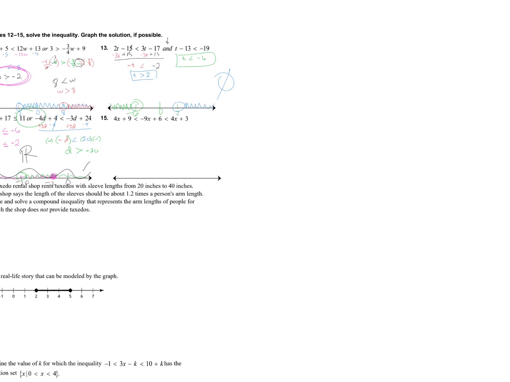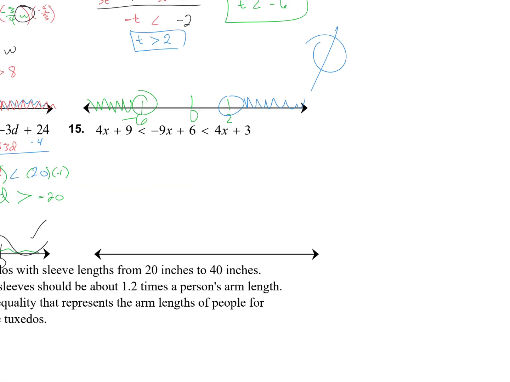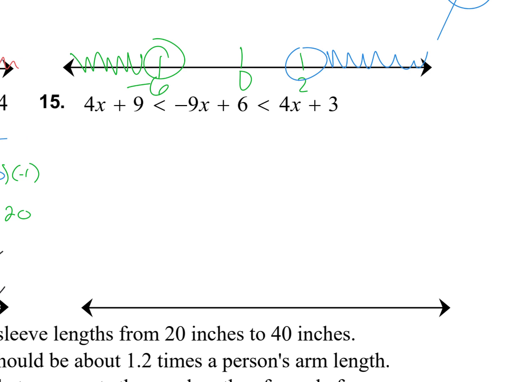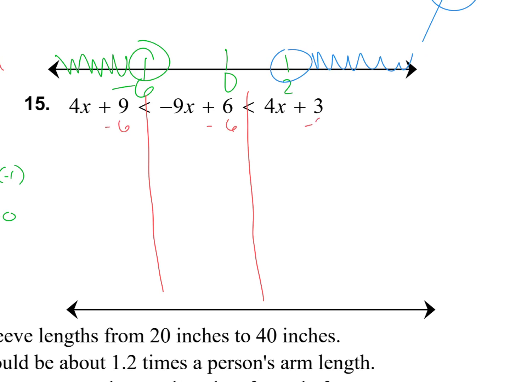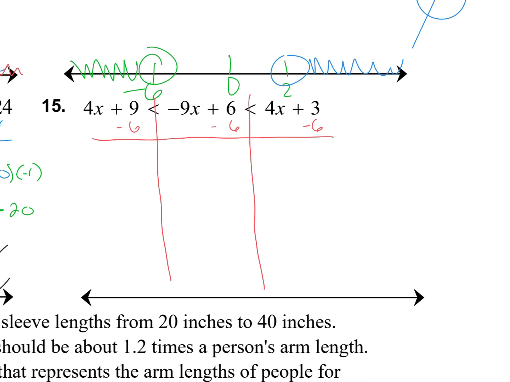But just for fun, let's do this. I'm going to just start solving it like I would like to, right? I'm going to subtract 6 because I want my variables to be alone in the middle. But spoiler alert, I've got variables everywhere, so that's why I mentioned this one's kind of funky, so I'm going to have to do it a little differently.